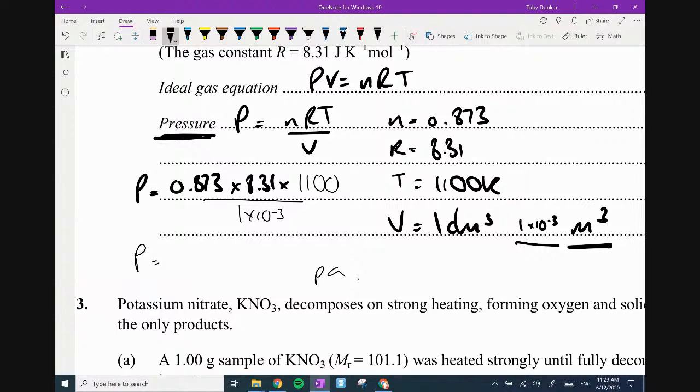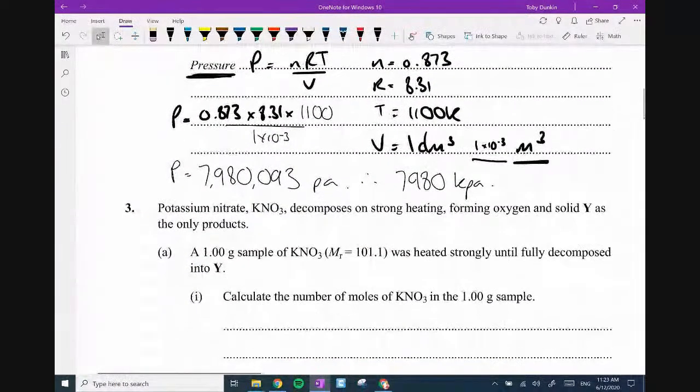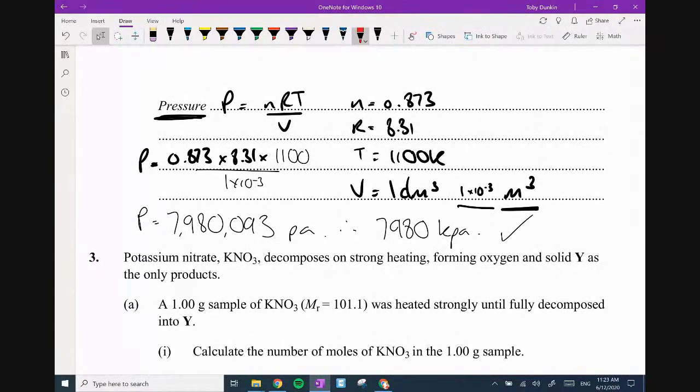So 0.873 multiplied by 8.31, times 1100, divided by 1 times 10 to the minus 3. Sorry, Emmeline. And that gives us 7,980,093 pascals. If you want to put it into kilopascals, it's 7980 kilopascals to 3 significant figures. So there's my first answer. Tick it if you got it, folks.